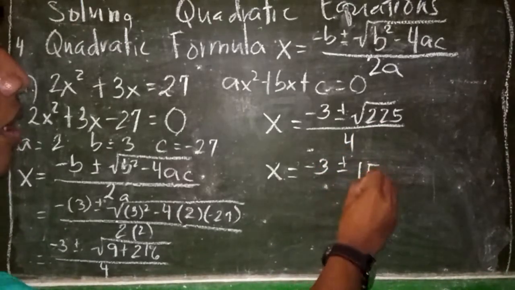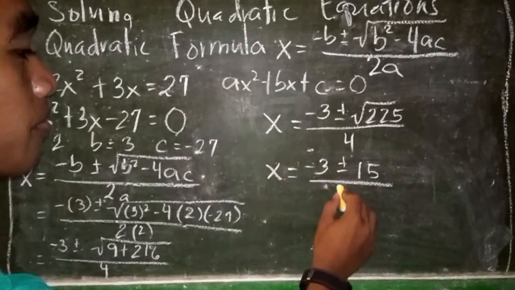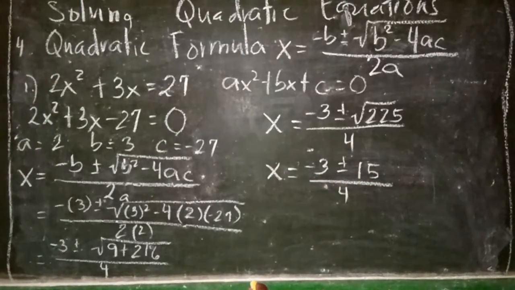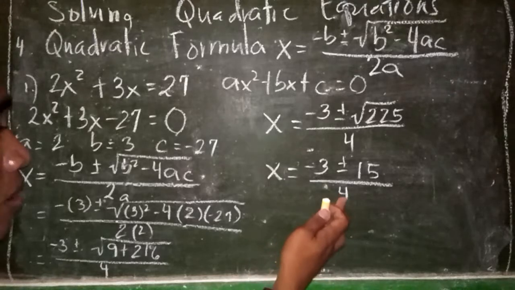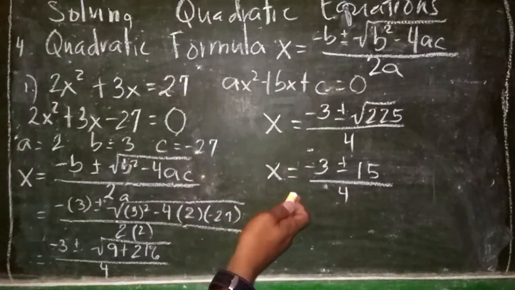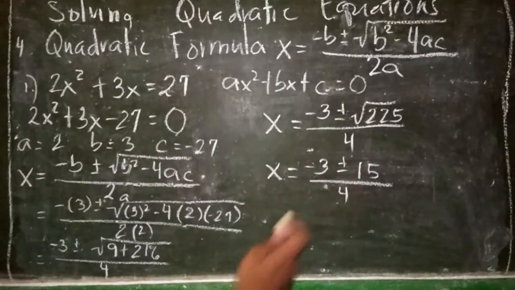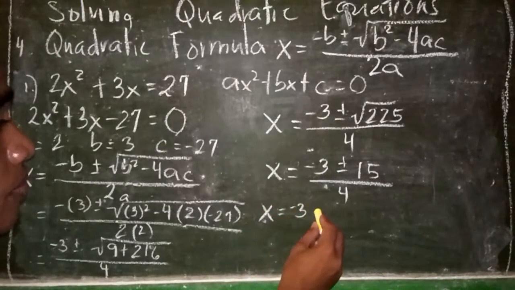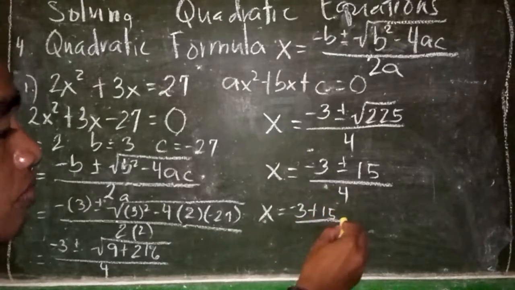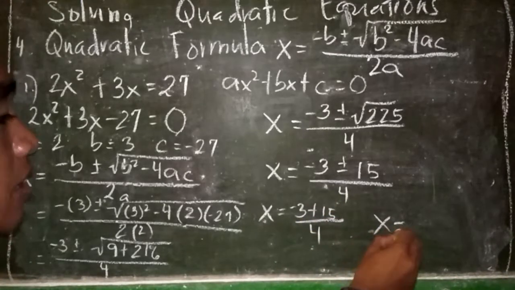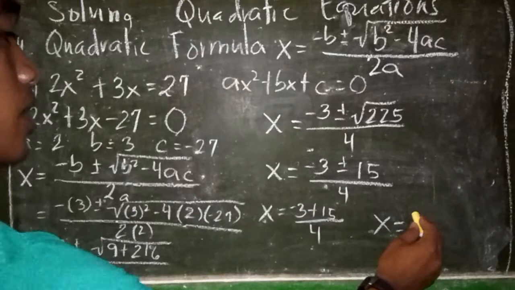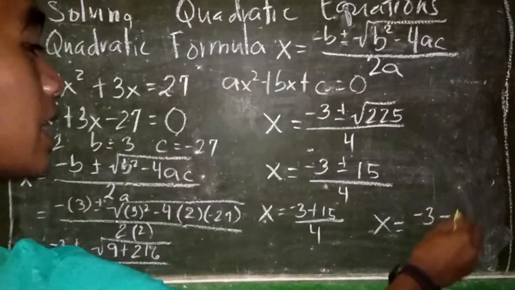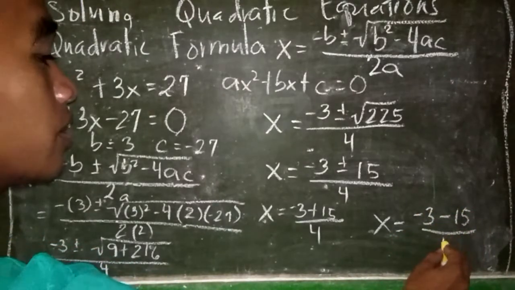Okay, 15 over 4. Okay. So, let's now split yung ating equation since meron tayong plus minus dyan. So, x is equal to negative 3 plus 15 over 4. So, x now is equal to negative 3 minus 15 over 4.